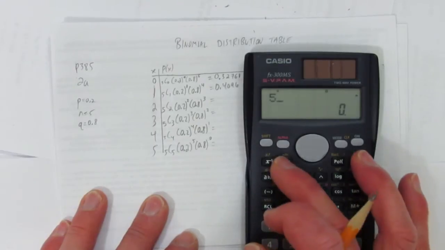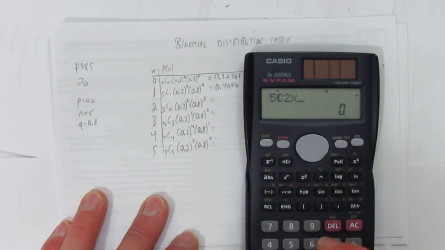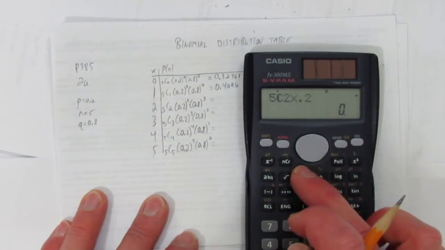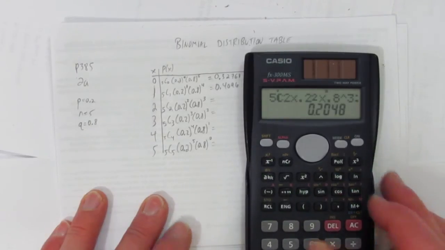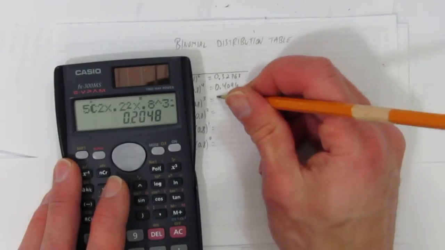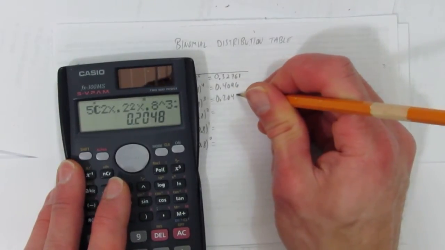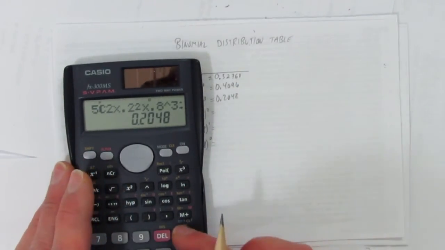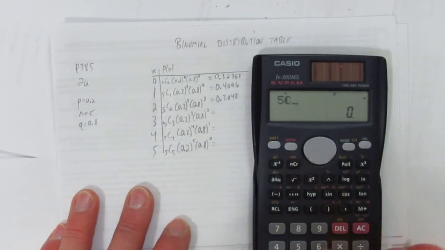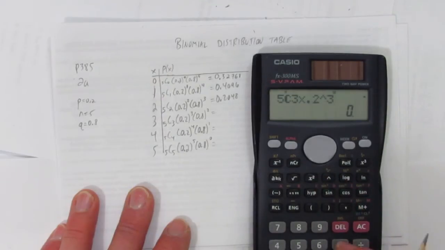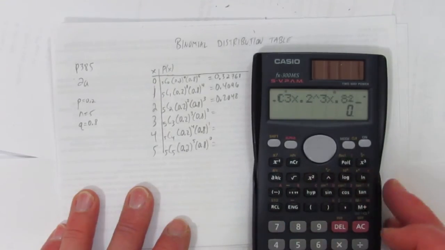Next, what's 5 choose 2 times 0.2 squared times 0.8 to the power of 3? You get 0.2048. And remember, all these probabilities have to add up to 1, so the next one should be small. What's 5 choose 3 times 0.2 to the power of 3 times 0.8 squared?